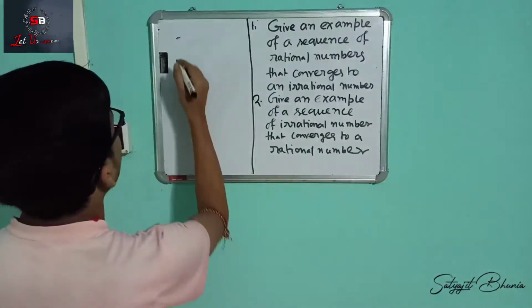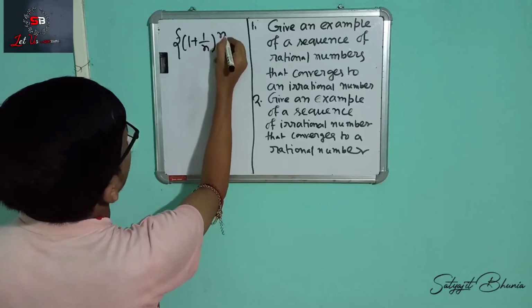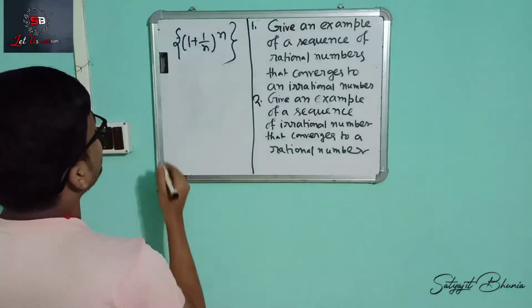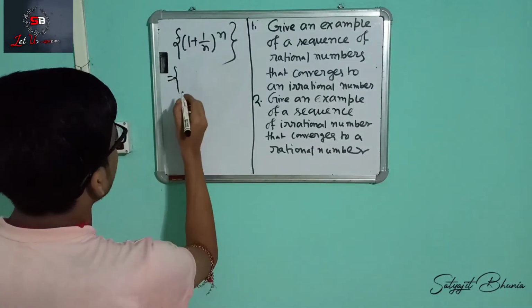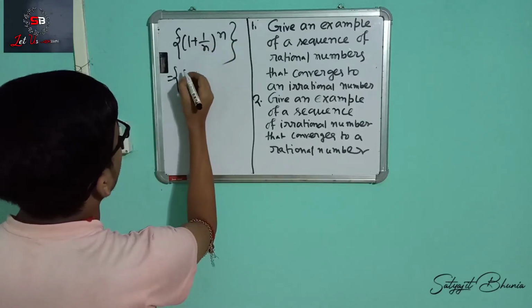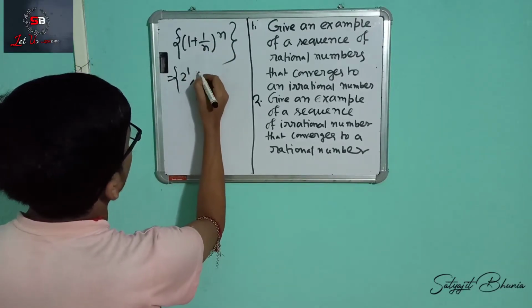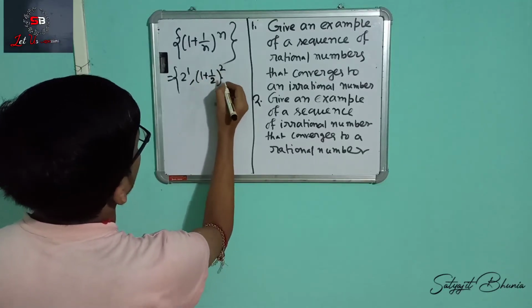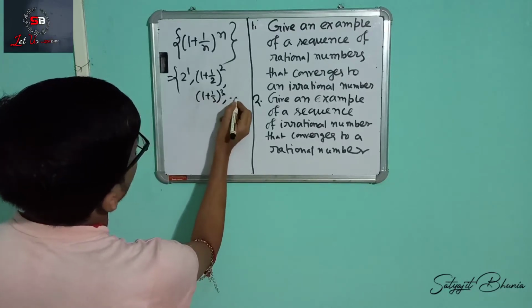If we take the sequence (1 plus 1 by n) whole to the power n, the sequence is, we put n equals 1, 2, to the power... 1 plus 1 by 2 whole square, and so on and so on.